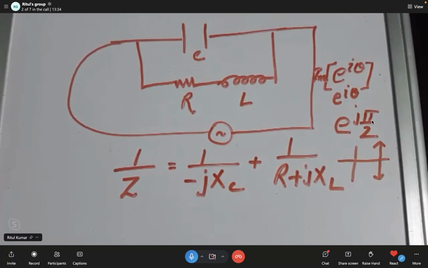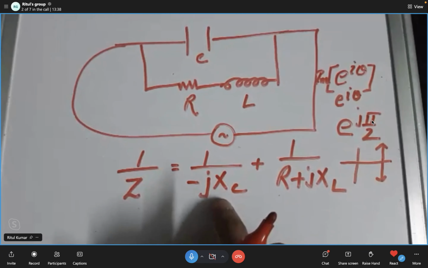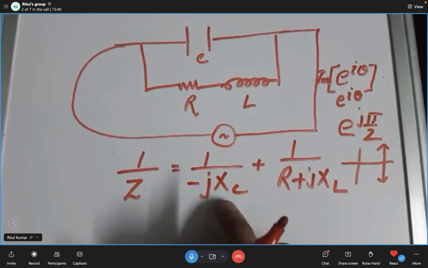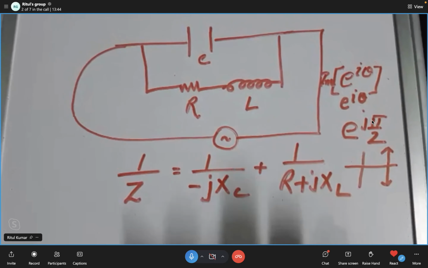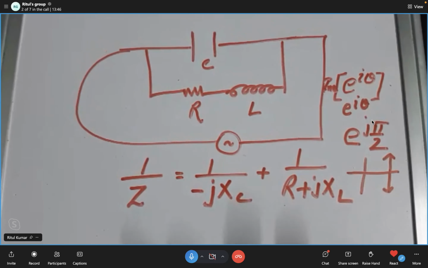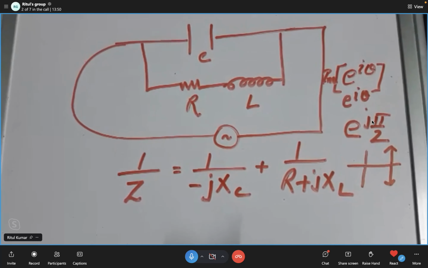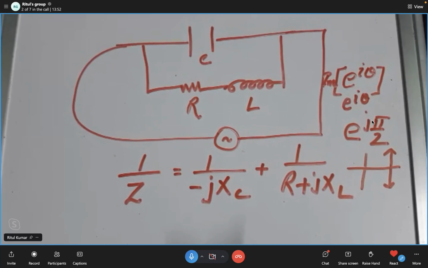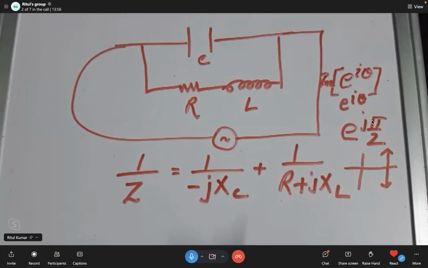So just one second. When you say XC is just a scalar, right? Yeah, X is scalar. It is 1 by omega C. XL is scalar. It is omega L. But the representation is on a complex plane. We are representing impedance. Impedance will have a real and an imaginary part, right? Yes, sir. Okay, I get it.